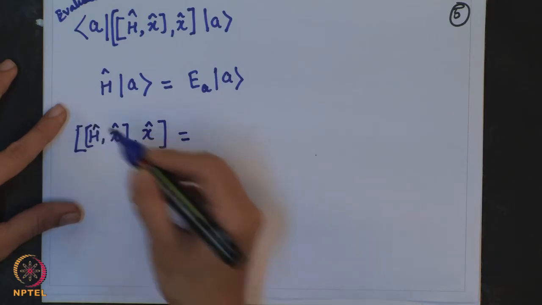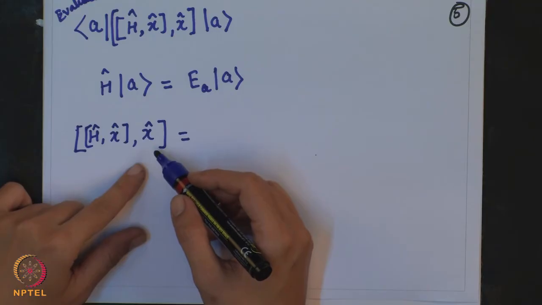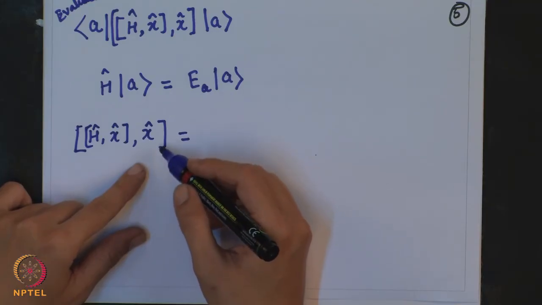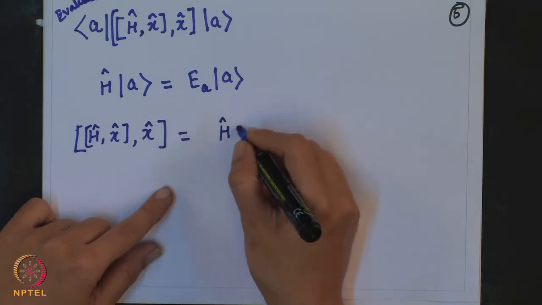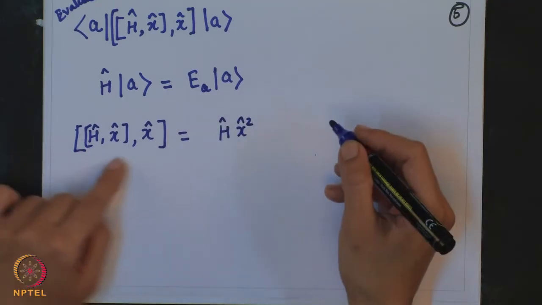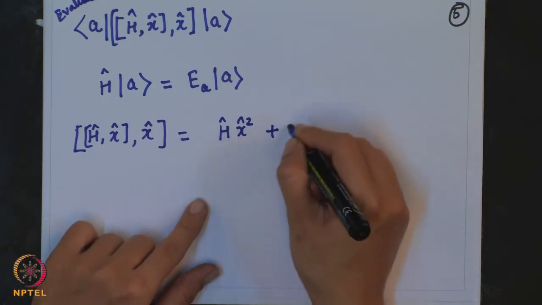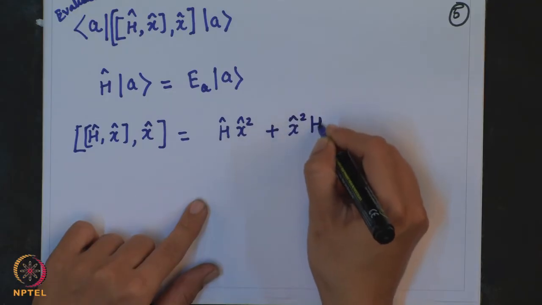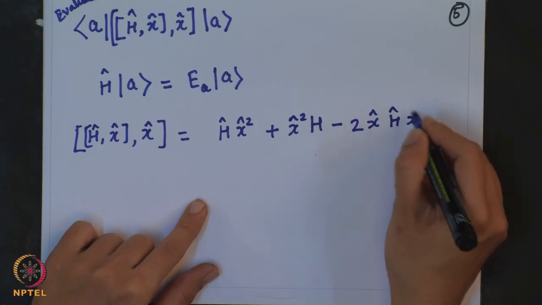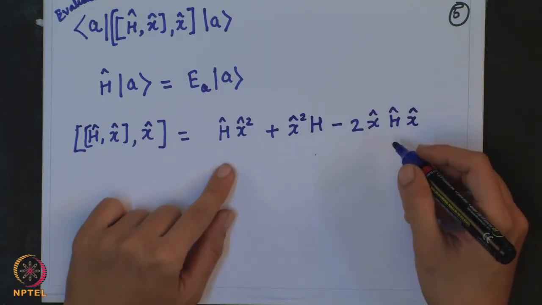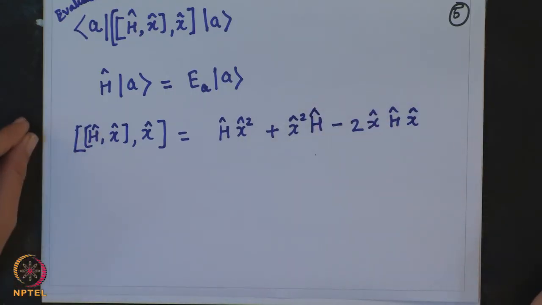The commutator of H and x, commuted with the position operator x, will be H x² and so on. When you simplify this commutator bracket, this is what you obtain. It is one more step which I have skipped. So, you can simplify this in this manner.